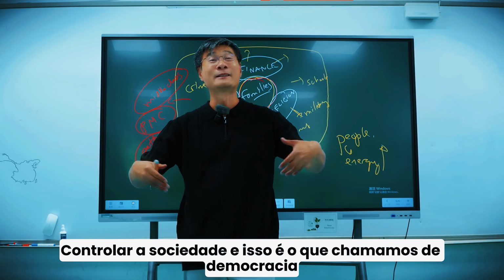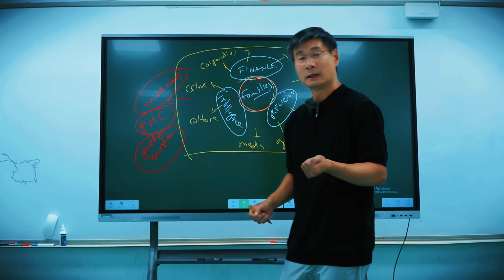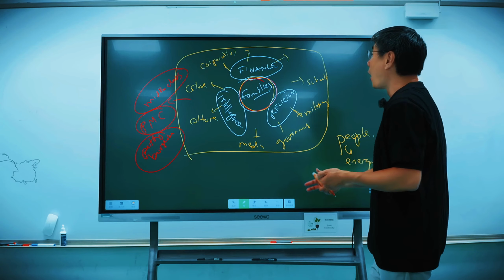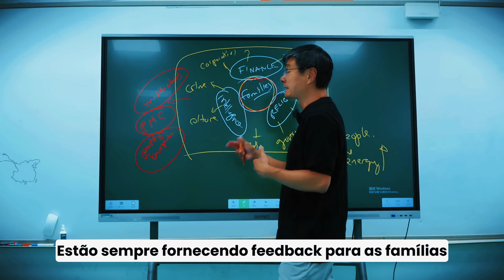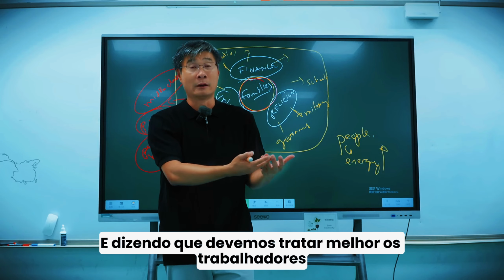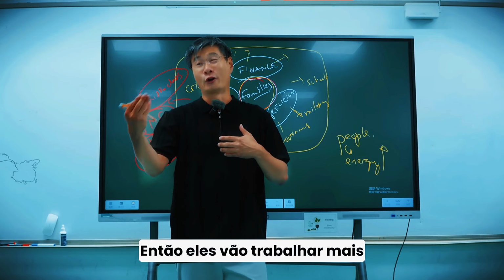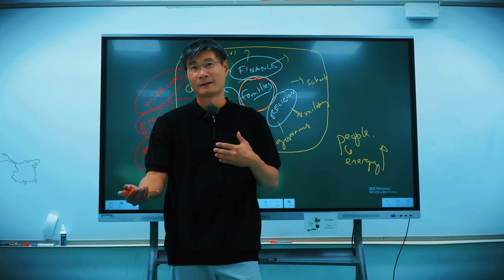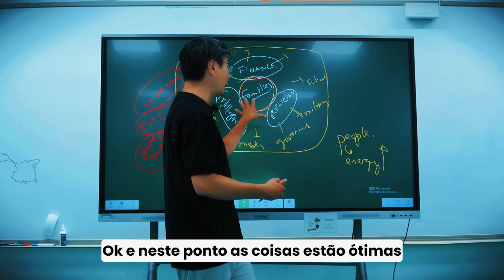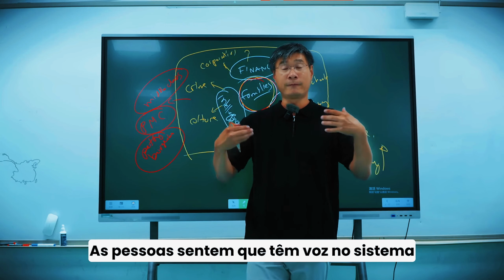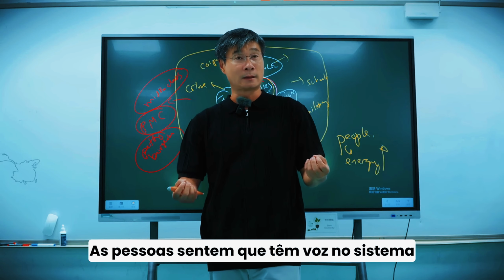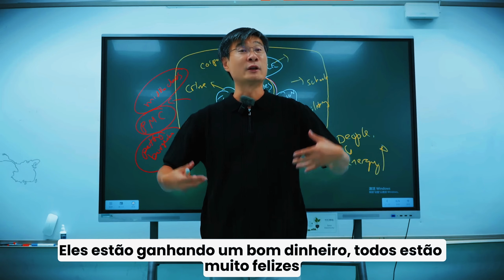And this is what we call democracy. The managers are always providing feedback to the families, saying we should treat workers better. If we treat workers better, then they will work harder. At this point, things are great. The people feel that they have a voice in the system, they're making good money, everyone's really happy.